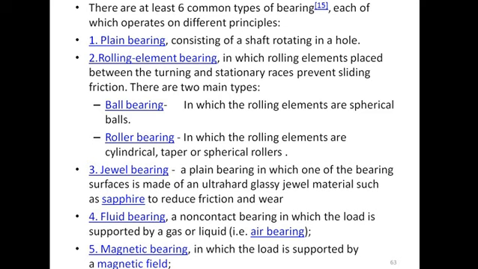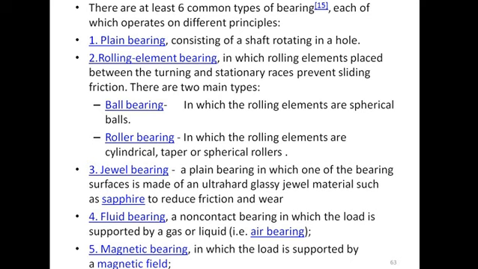We are going to see the common types of bearings, each of which operates on different principles. First, the plain bearing, which consists of a shaft rotating in a hole. The plain bearing is used where only the simple mechanism of shaft and hole is there.